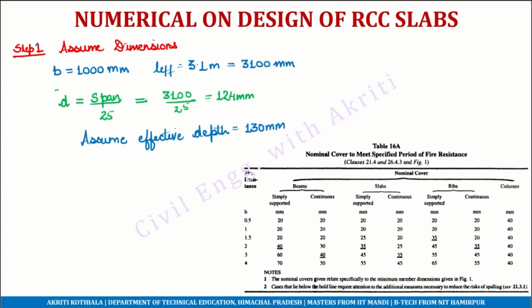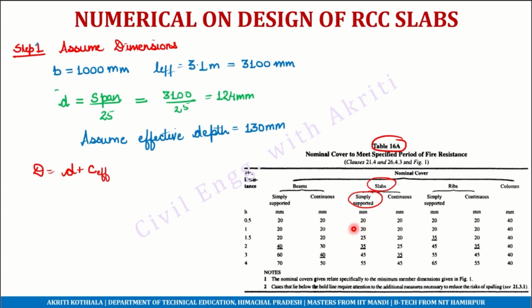Now we have to calculate the overall depth. To calculate the overall depth, we need the effective depth plus the effective cover. So now we have to assume this effective cover also. We can refer to table 16A, in which for simply supported slabs we can assume a value higher than that specified here.